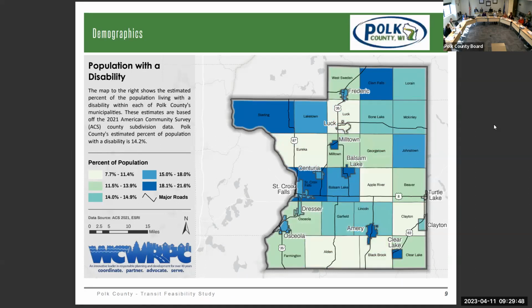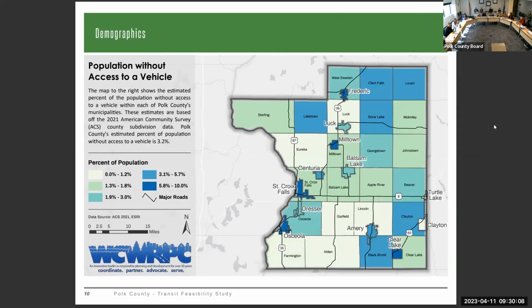Populations with disabilities, next slide. You tend to see those concentrated more in the, I'm not sure urbanized areas is the way to describe them, but population concentrations. People with disabilities tend to cluster in those because it's easier to get around and better services. The next one is the number of people without personal vehicles. And once again, those tend to be in the more populated areas for obvious reasons.